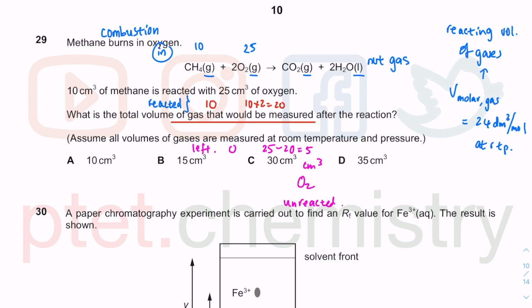So 10 cm cube of CH4 reacted should give you 10 cm cube of CO2 as well. As a result, how much volume of gas will be measured after the reaction? Water is liquid, not a gas, therefore the gas remaining will be 5 cm cube unreacted oxygen and 10 cm cube CO2. So 5 plus 10, this is for the O2, this is for the CO2, so you get 15 cm cube there.